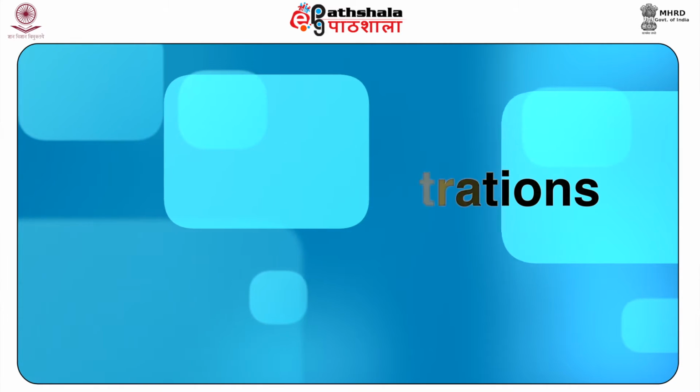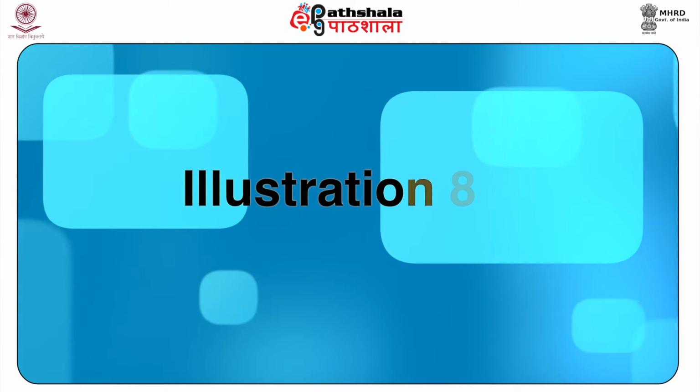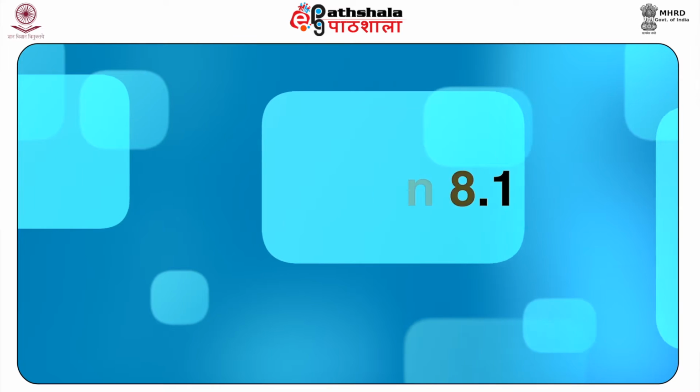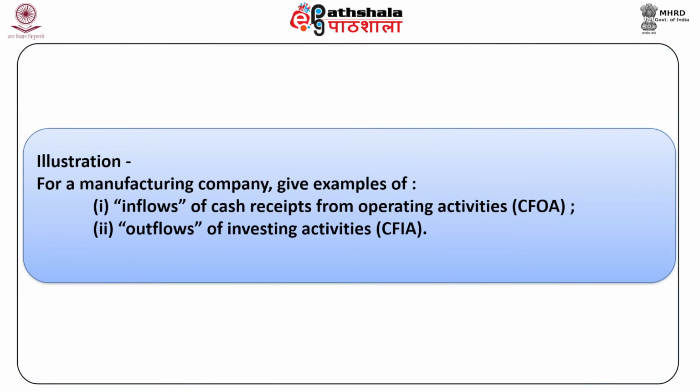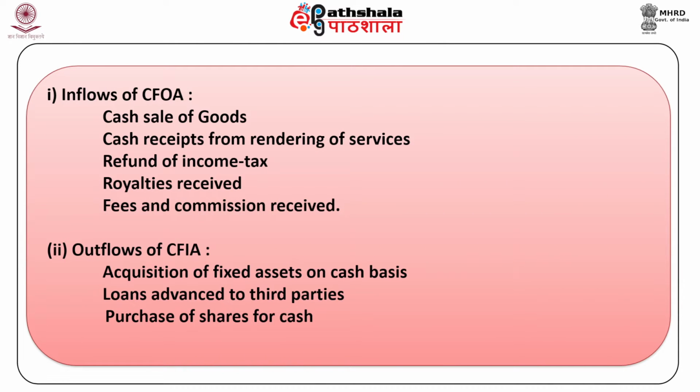Practical illustrations. Illustration 8.1. For a manufacturing company, give examples of 1. Inflows of cash receipts from operating activities (CFOA). Number 2. Outflows of investing activities (CFIA). Answer. 1.